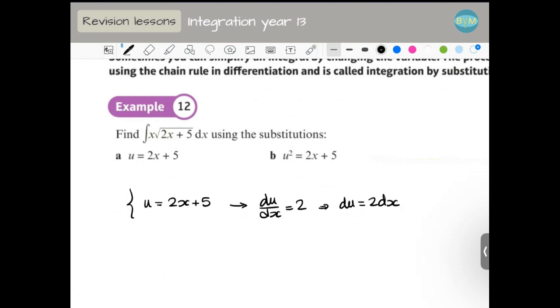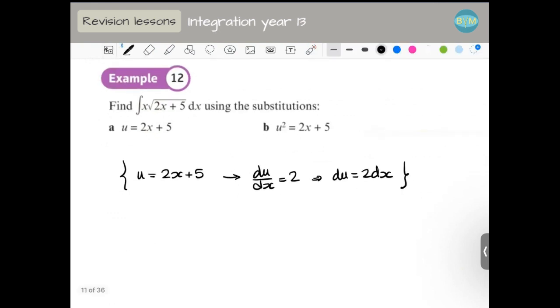And then with this, I'm going to go back to my integral and write every x in terms of u. Yeah, I don't want x's anymore. So I'm going to integrate that. X from here, if I make x the subject, I have u minus 5 divided by 2. Yeah, so I can write that.